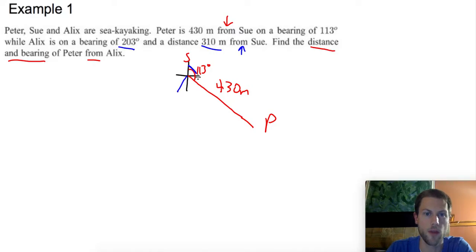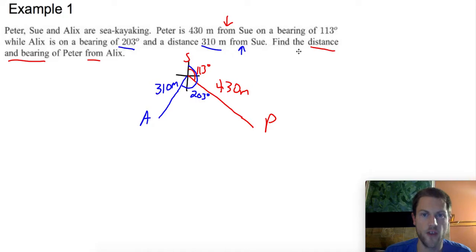So this bearing all the way around here is 203 degrees. That's going to be a distance of 310, so a little bit shorter than this one here. That's 310 meters. And that's going to put me where Alex is.